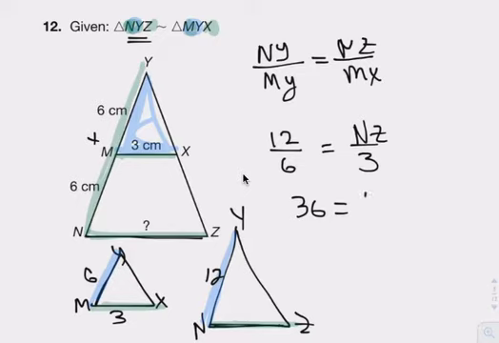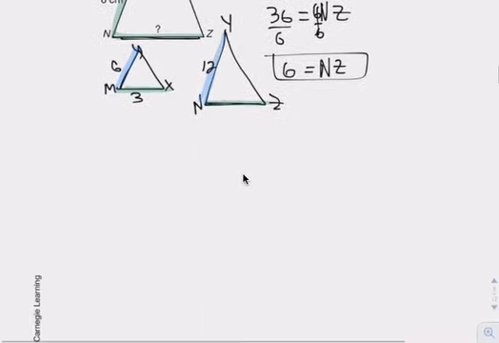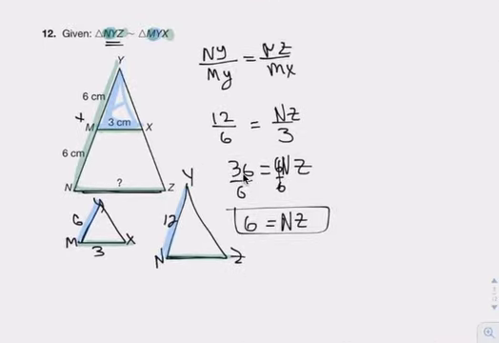So we get NZ times 6. Divide by the 6. You get NZ is equal to 6. So this missing length that they're looking for is 6. 6 what? Centimeters.